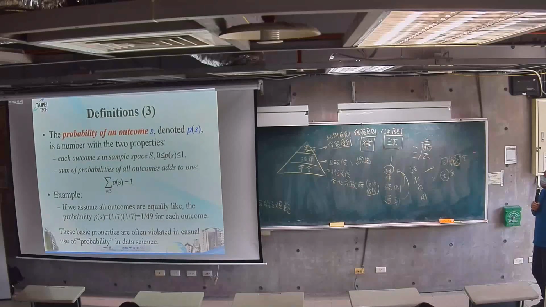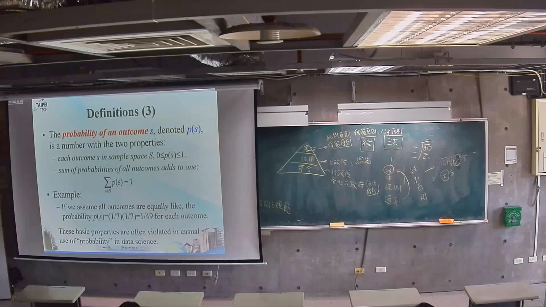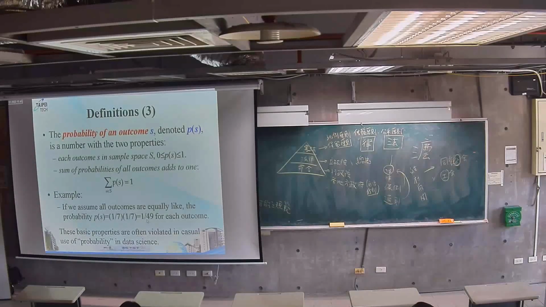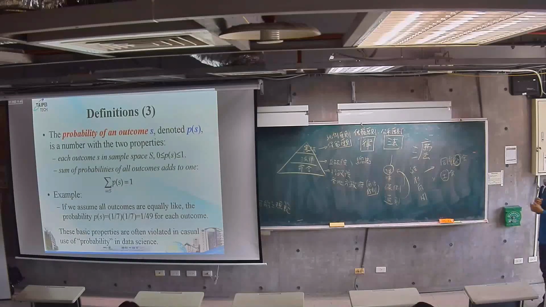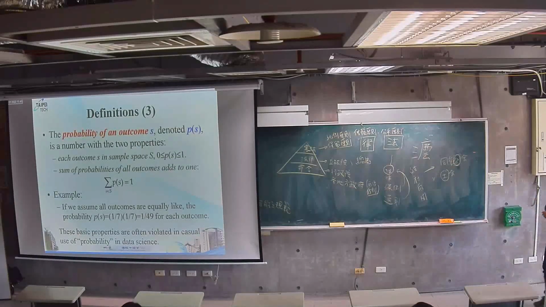Because we have 49 outcomes, for each outcome to occur, the probability would be 1 over 49. So for each outcome, we associate this number.